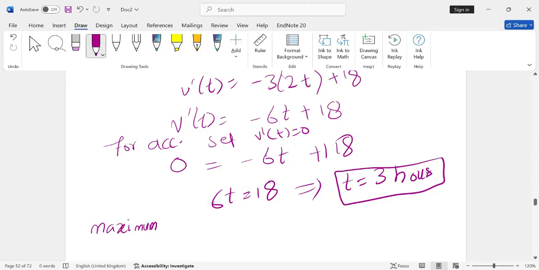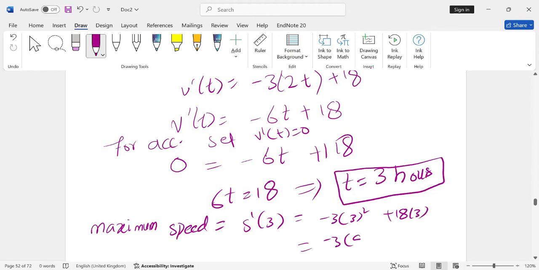The maximum speed is equal to s prime of 3. We have minus 3 into 3 squared plus 18 into 3. So we have minus 3 into 9 plus 54.